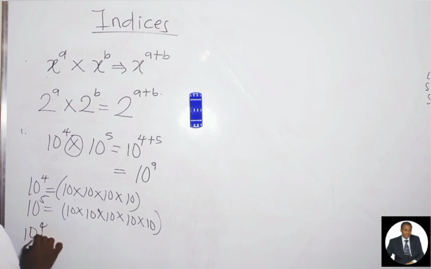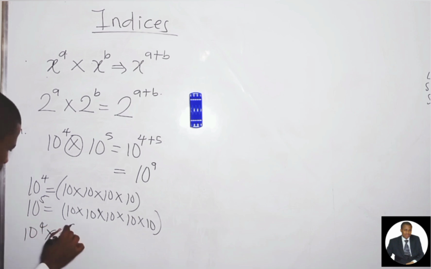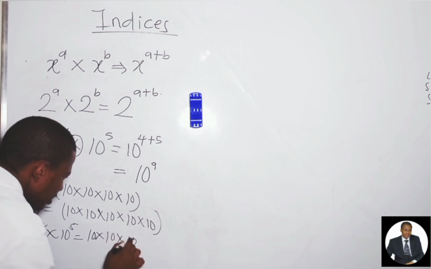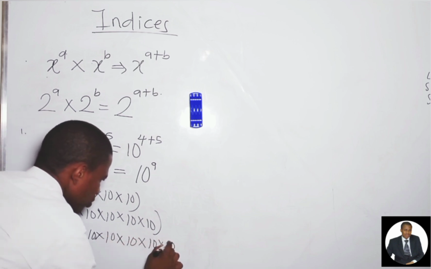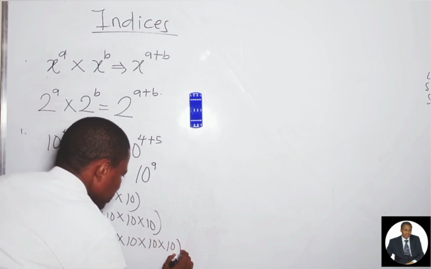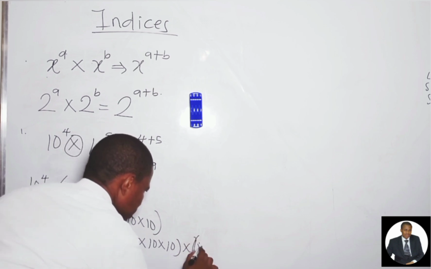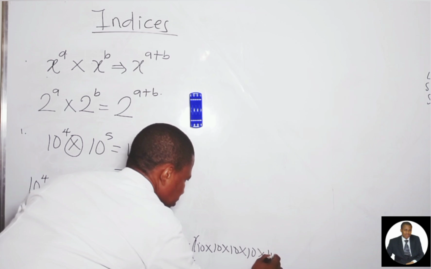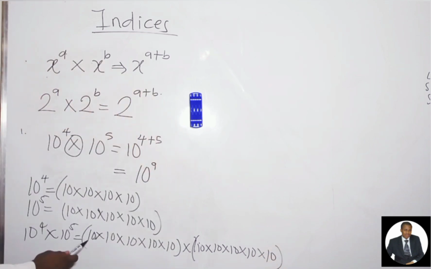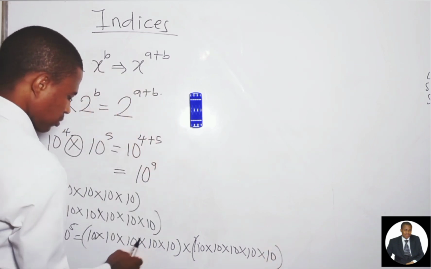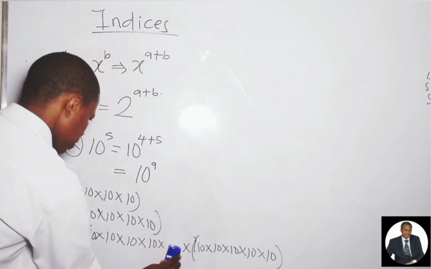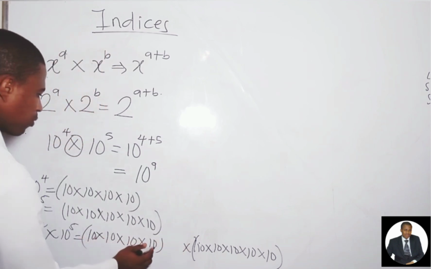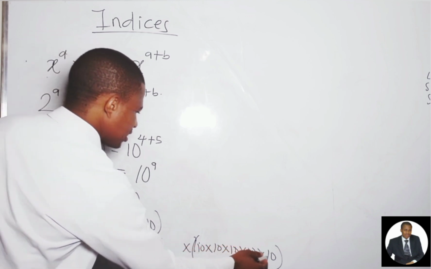For us to have 10 raised to the power of 4 times 10 raised to the power of 5, it will be 10 times 10 times 10 times 10, which is the 4, times 10 times 10 times 10 times 10 times 10. How many 10 do we have? 1, 2, 3, 4, 5, 6, 7, 8, 9.